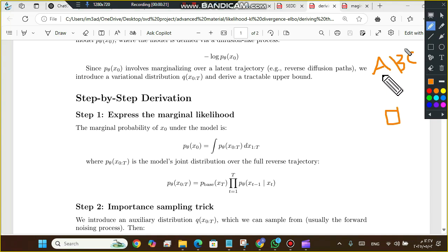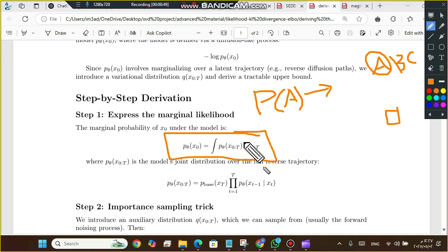It could be A or B or C. So right now, let's assume that our x naught, that we are trying to find the probability of, is A. So we want to find the probability of A. What is the probability that our model, our reverse diffusion model, will generate A? So how would we evaluate that?